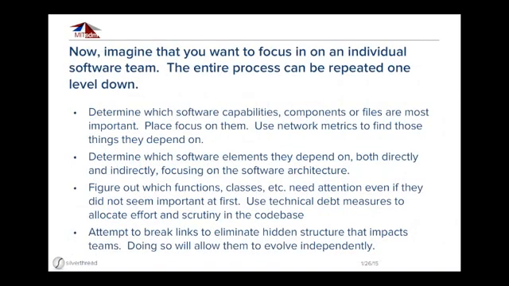So now imagine that you want to focus in on an individual software team. We already went through this process managerially. First, you were an executive and you wanted to figure out what you were going to do within this large enterprise, to figure out which products to focus on. We can scope this down to say, okay, now we're inside of that product that we want to focus on. Where within it are there problems? How do I gain visibility very quickly into where the problem areas are?